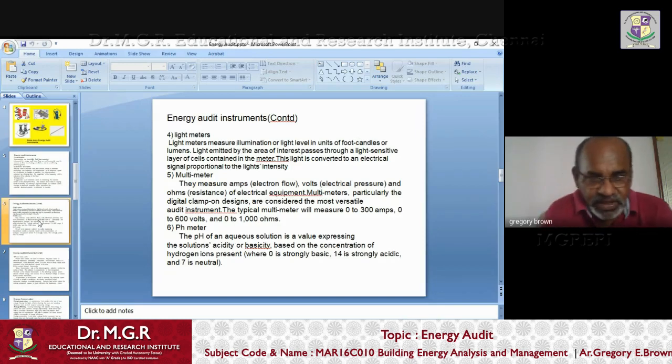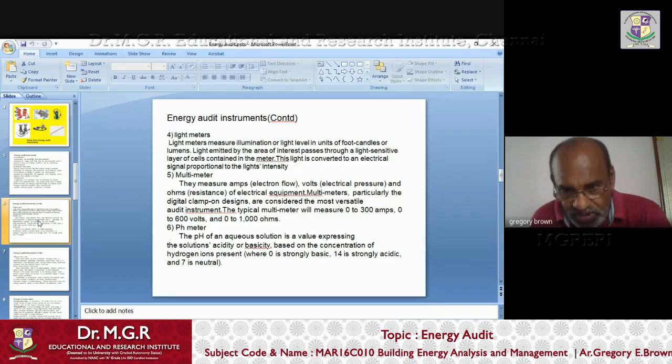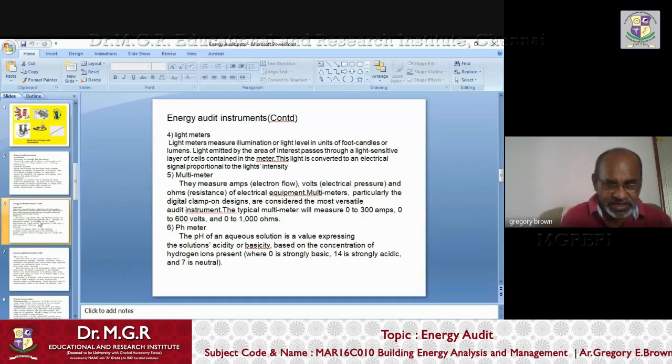Between above 7 to 14 is strongly acidic, and from 0 to 7 is strongly alkaline. Okay, so 0 is very strong alkaline, 6 will be mild alkaline, 7 is neutral, and 8 will be lightly acidic, and goes to 14 where it is strongly acidic.